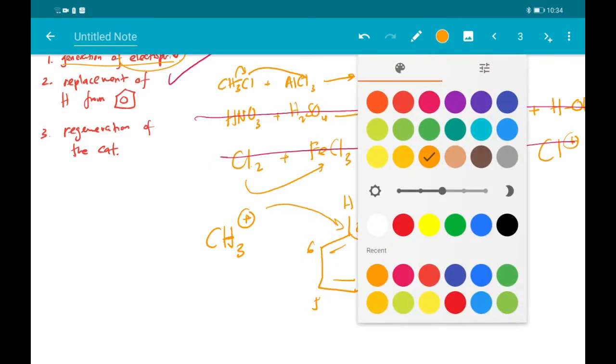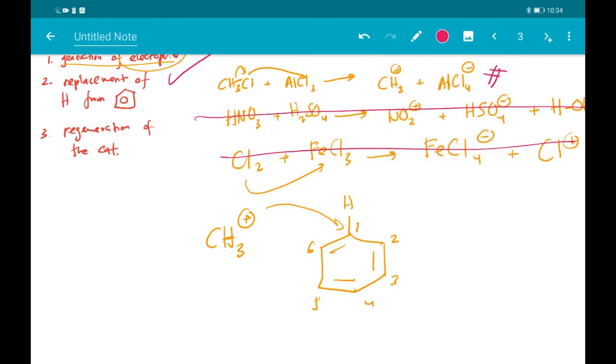The double bond between carbon number 1 and number 6 will be broken. The electrons here comprise 2 electrons.